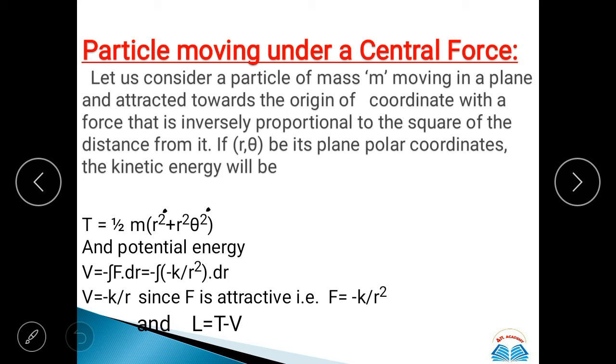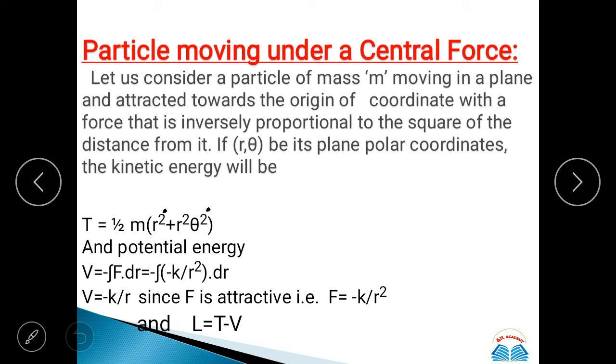What are central forces? Central forces, students, are those forces that act towards the center or away from the center, like Coulomb's force and the gravitational force.